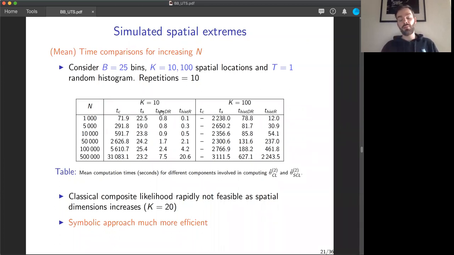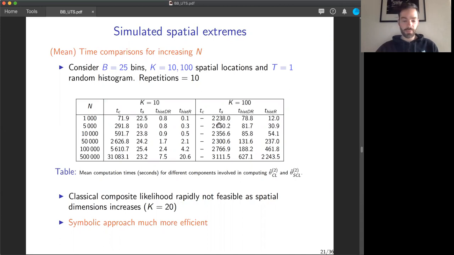But now if you have 100 locations, I was not able, or probably not patient enough, to compute for 100 locations and 1,000 points using the classical case. However, I can do it for any of the number of observations that I specified here using the symbolic approach, and it takes less than an hour.